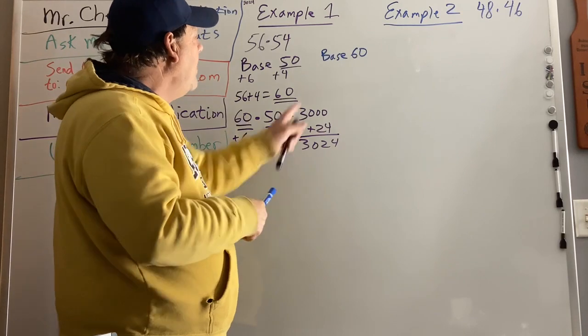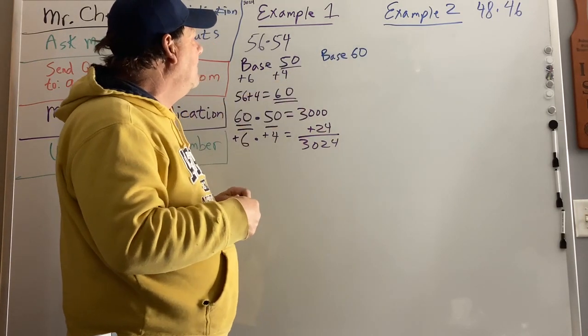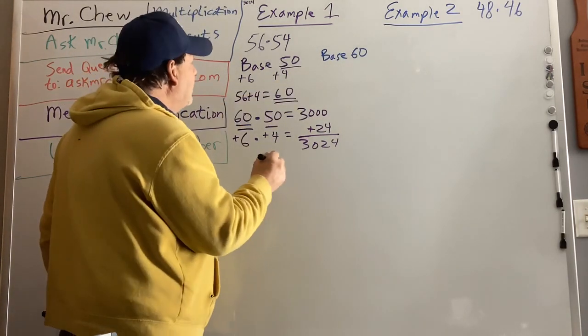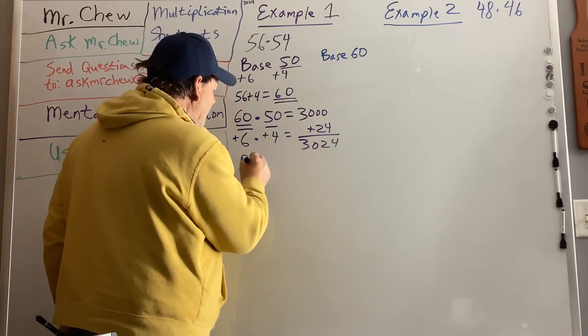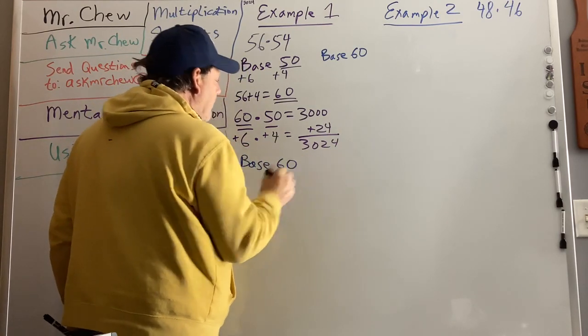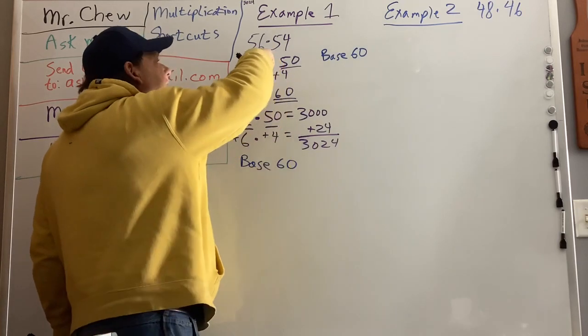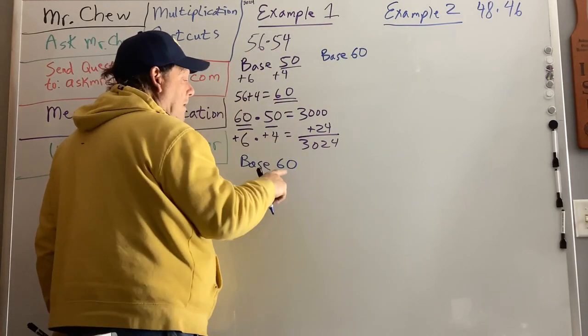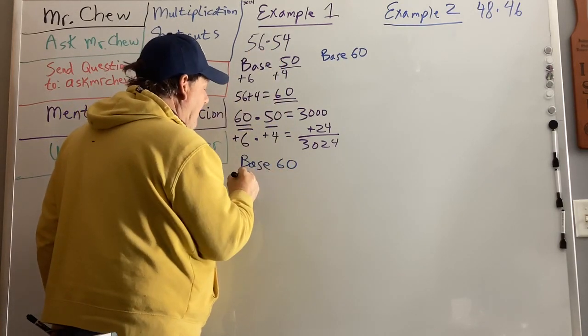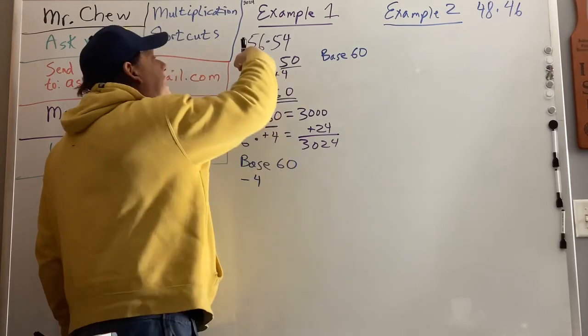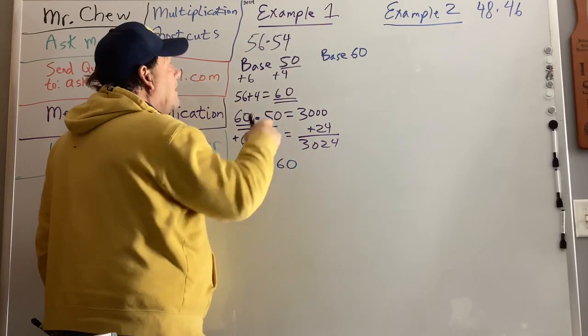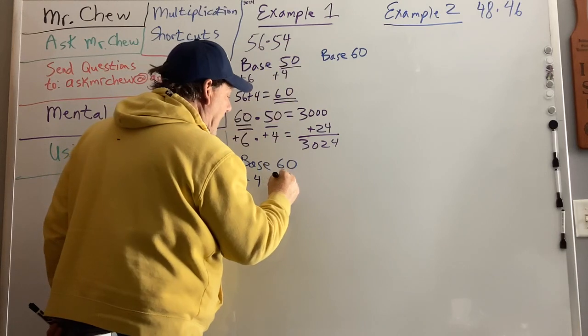Well, some people say, what if we used a base of 60? So the base of 60, remember what we do first. We say, is it above or below? 60 is above it, so we have to go minus 4 to get back to my number. And then we have to go minus 6 to get back to my number.